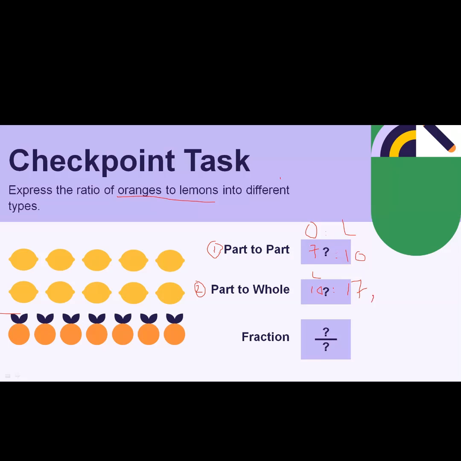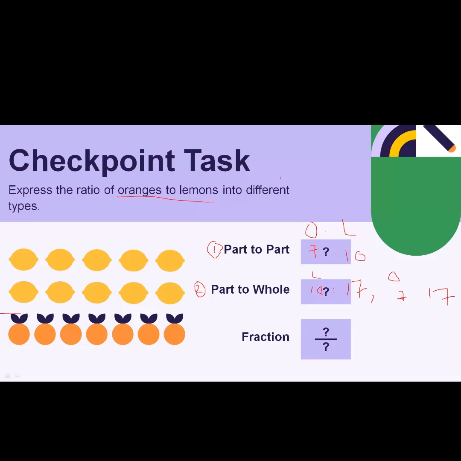Or we can write it as, if we are considering orange as a part, there are 7 oranges and the total is 17. So you can write it down 7 ratio 17 or 10 ratio 17.